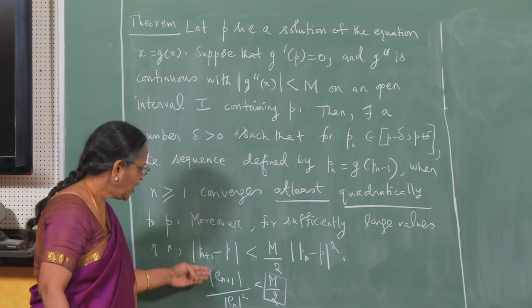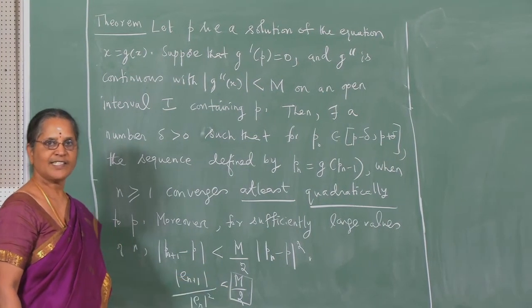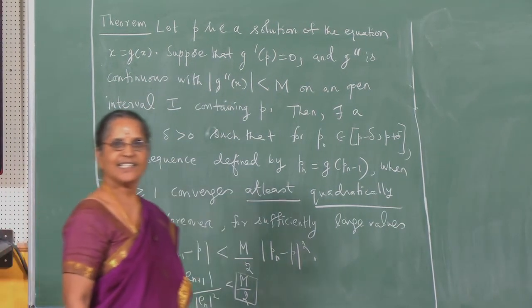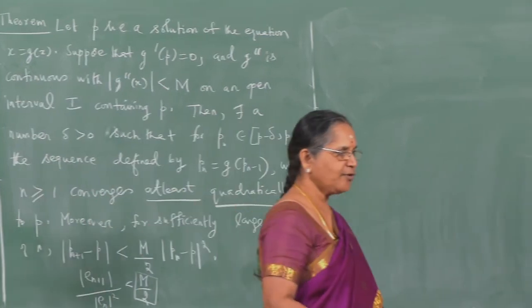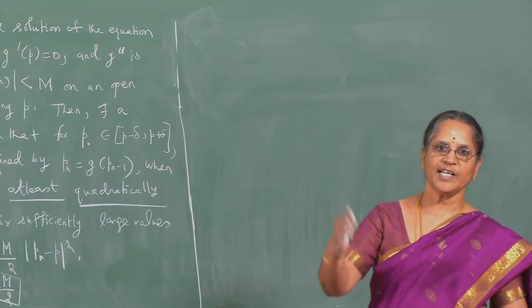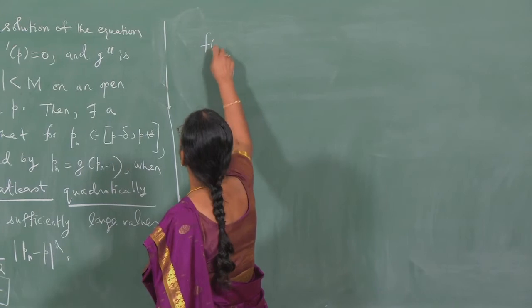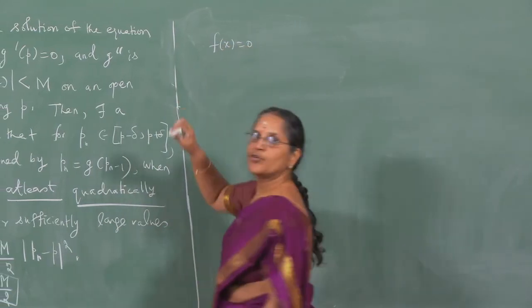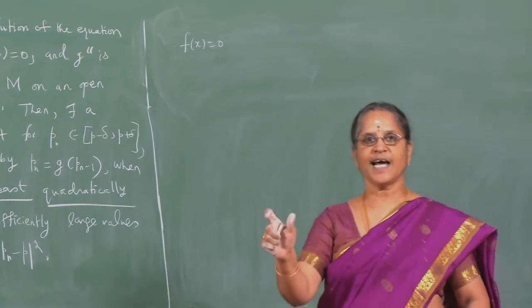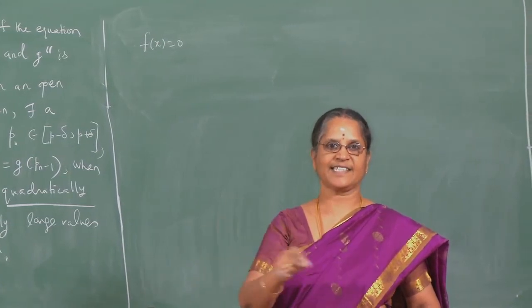So, you also have some information about what the asymptotic error constant is. The theorem tells us that the best way to construct a fixed point iteration problem associated with the root finding problem, namely f of x is equal to 0, is to consider the following, namely subtract a multiple of f of x from x.